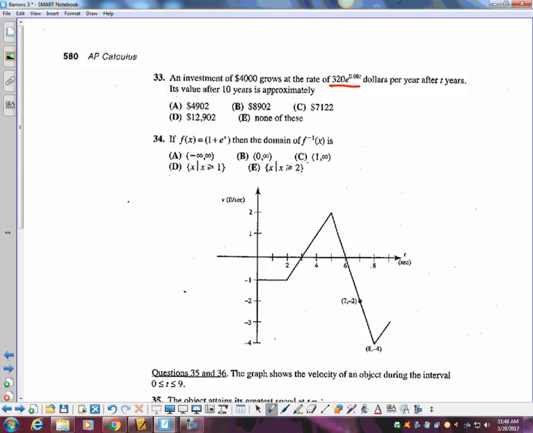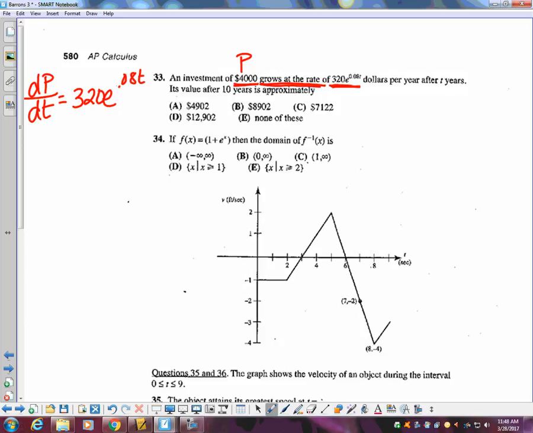So think, I have $4,000. That is my principal. It is growing, it is changing at this rate. So dP/dt equals 320e to the 0.08t.